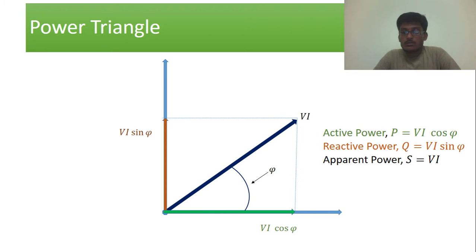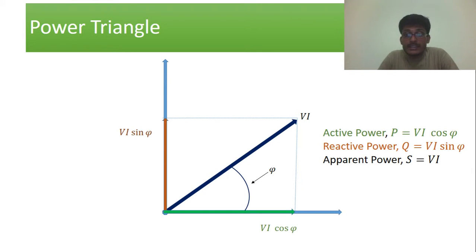And we know that the active power P is equal to VI cos phi, reactive power is equal to VI sin phi. Now, in order to get the maximum output, as we know that the active power is the output that we get, or in order to improve the efficiency of the system, what we need to do?